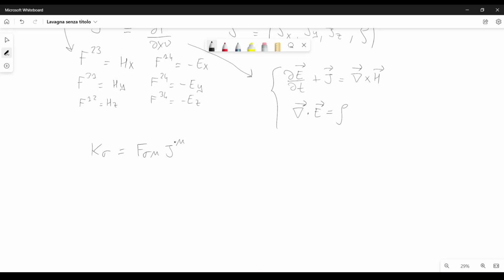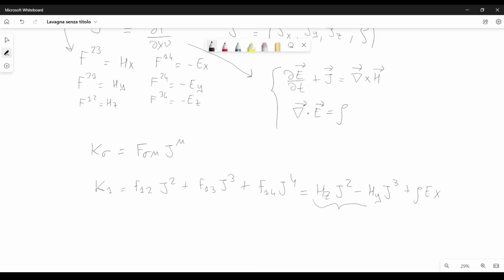By considering the definition of f sigma mu in terms of the components of the electric and the magnetic field, we have k1 equal to f12 j2 plus f13 j3 plus f14 j4, which is equal to, if you substitute, hz j2 minus hy j3 plus rho times ex.